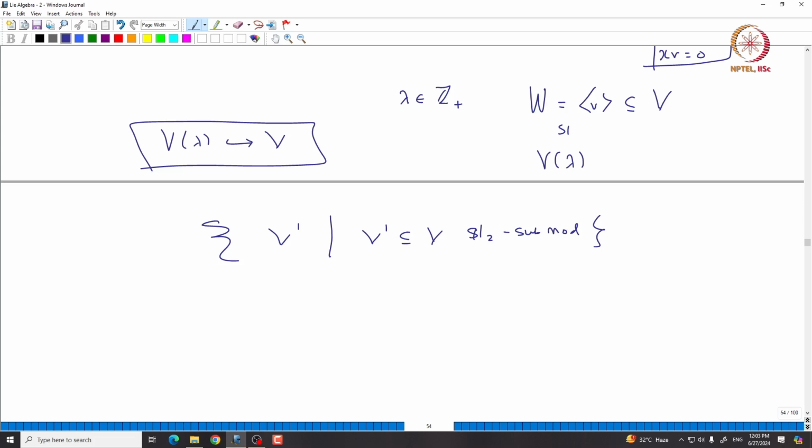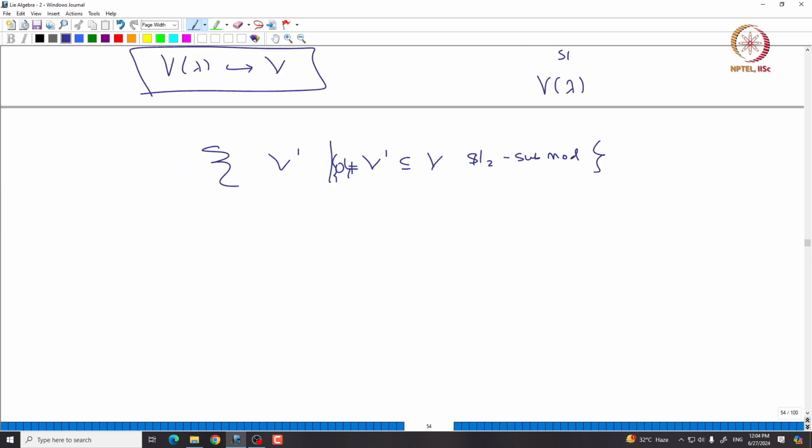If I take V dash which has the smallest dimension, let us assume V dash are all non-zero. Okay. The 0 space we do not need to worry about. So, you consider all possible non-zero sl2 submodules, then we can take the dimension of all of them, then there will be a minimal dimension achieved. Okay. So, there exists V dash in this collection such that the dimension of V dash is minimum.